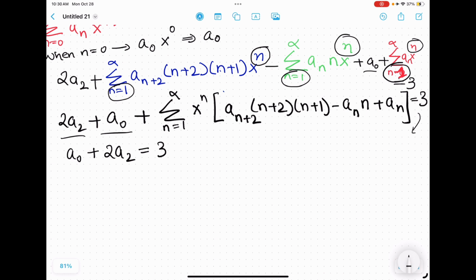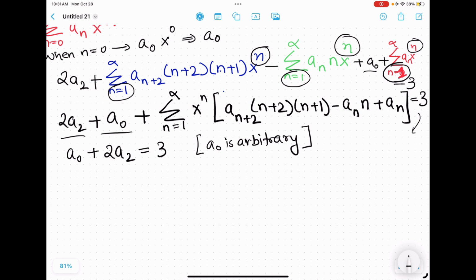I have 3. And we've already discussed in our previous videos that our a sub 0 is always an arbitrary number. And since it's a second order non-homogeneous differential equation, I can tell that my a sub 1 is also an arbitrary number, because I'll have two arbitrary numbers since my differential equation is second order.